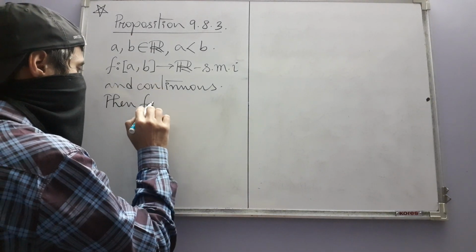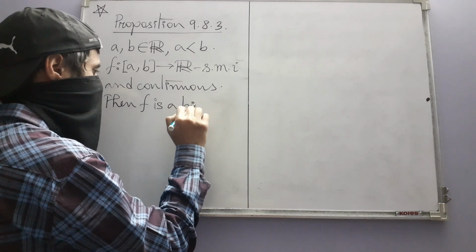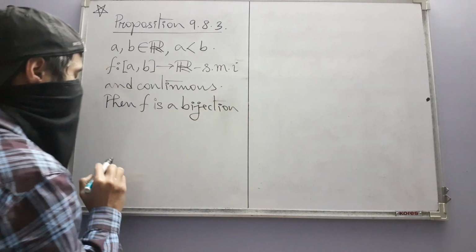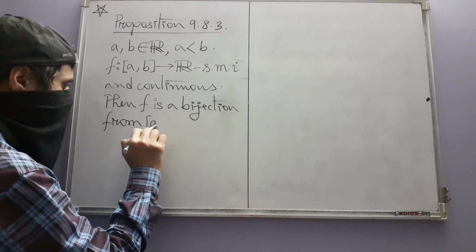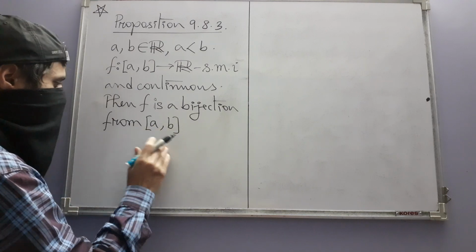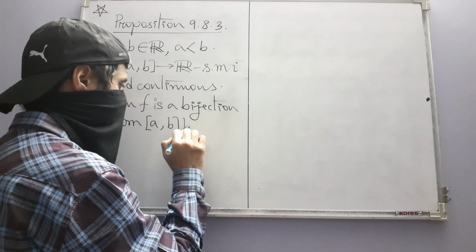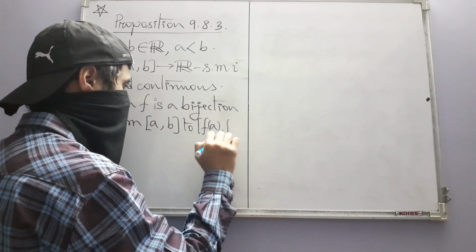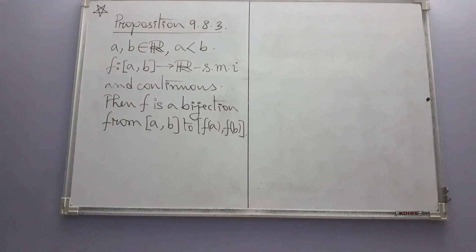Then f is a bijection from [a, b], of course it is f's domain, to the closed interval [f(a), f(b)].